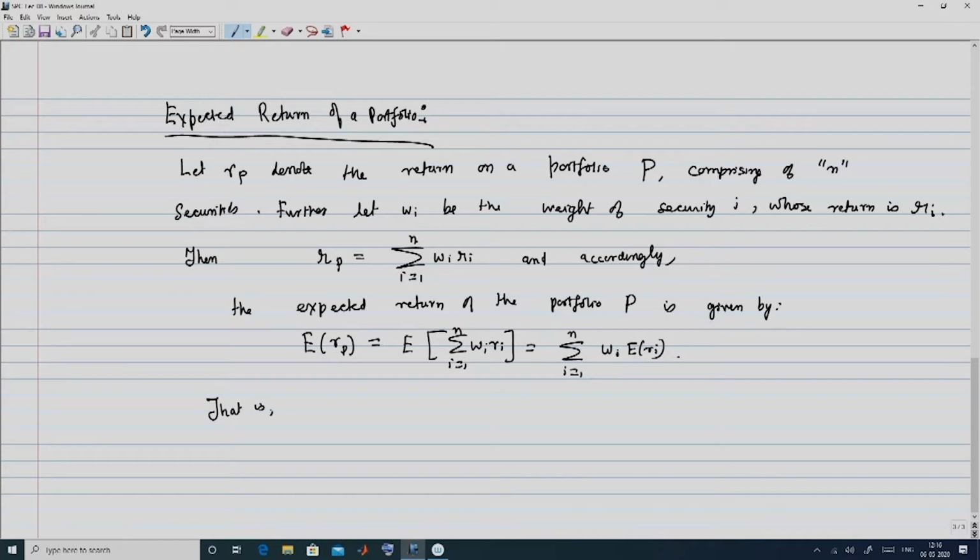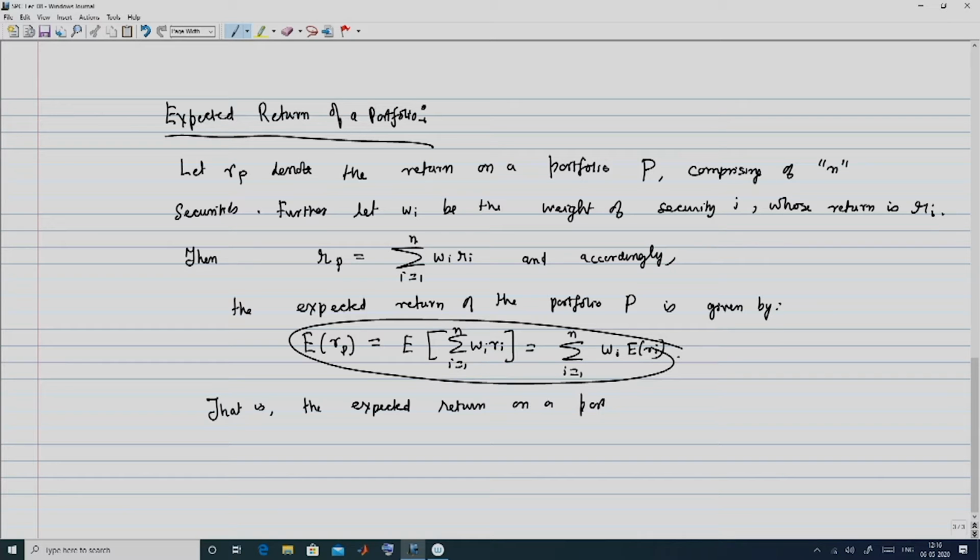So, we can now interpret this as: the expected return on a portfolio is the weighted average of the expected returns of the n securities, actually I should say a weighted sum, of the n securities comprising the portfolio.